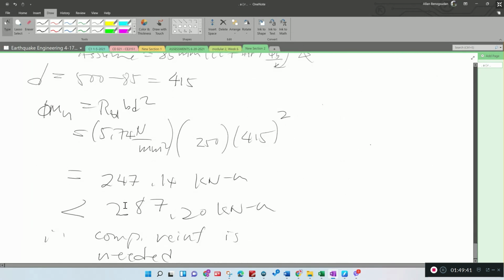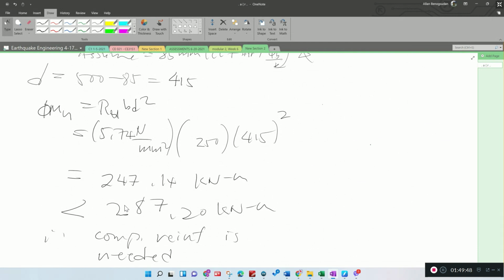Ang solution po niyan ay beam, doubly reinforced. Okay, doubly reinforced. Kasi kagaya nung midterm natin, ang binigay ko ay yung midterm natin na quiz, is here. Okay, I check this one. Okay, dali lang midterm quiz.